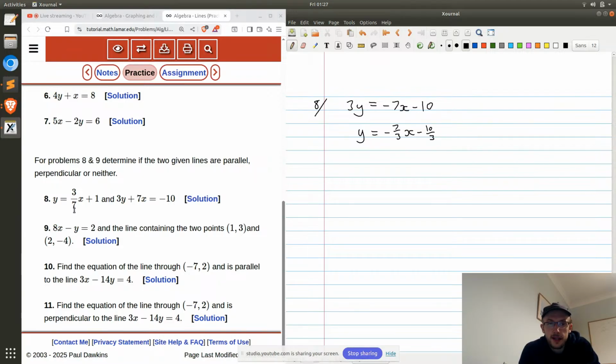And as you can clearly see, 3 over 7 and negative 7 over 3 are their slopes, and therefore they are perpendicular. And we can write this on a page by saying m1 is 3 over 7, and m2 is negative 7 over 3.